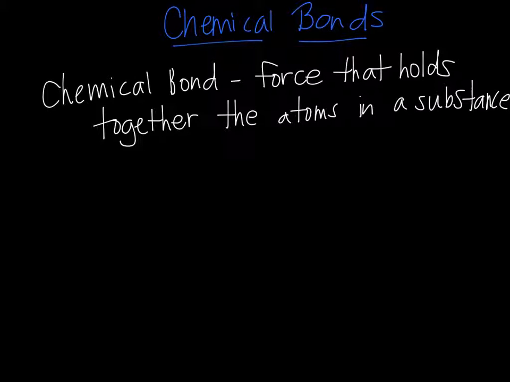Something is holding those atoms side by side, and that something is the chemical bond. A chemical bond is a force, the force that holds atoms together in a substance.